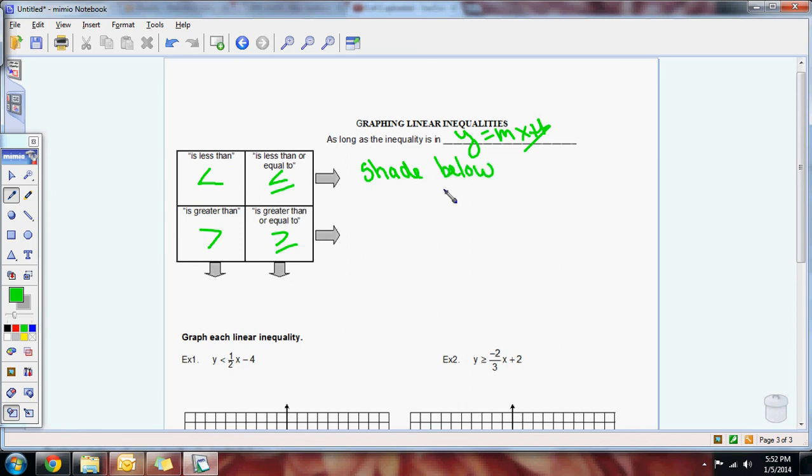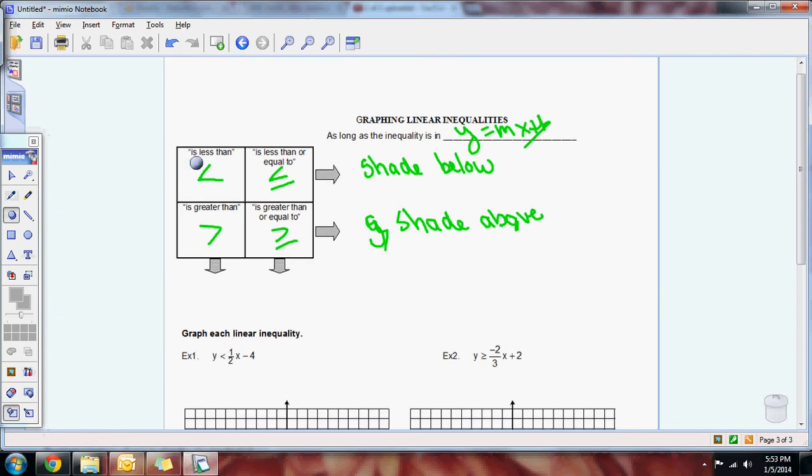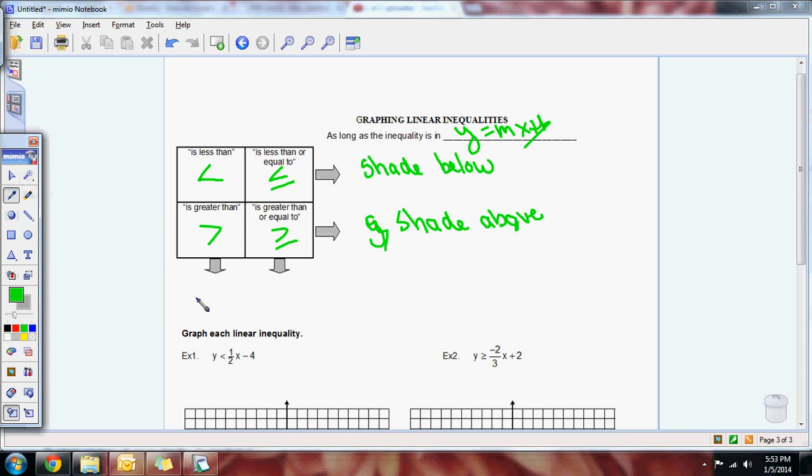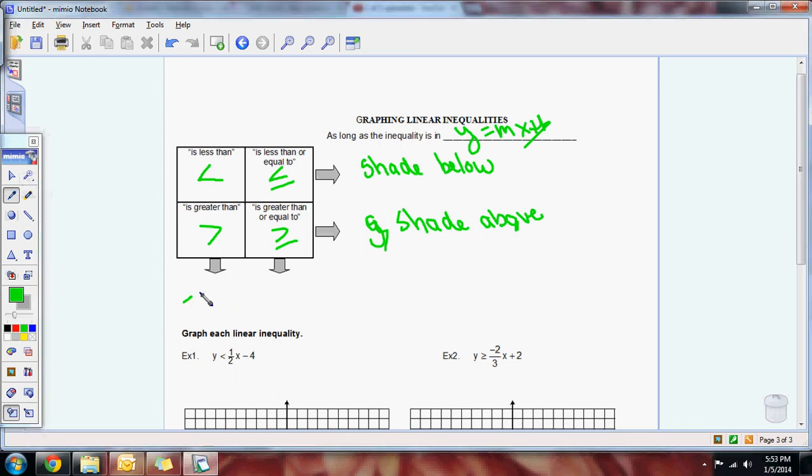Okay, so that's a helpful reminder. If you have anything that looks like greater than, you're going to shade above, or shade up. Then if you have these two where it's not equal to, it's just less than or greater than, you're going to have a dotted line. And if it could be equal to, you're going to have a solid line.